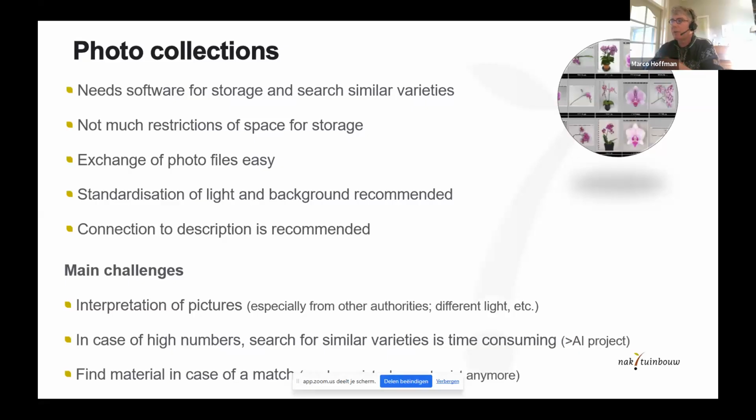Maybe it's good to mention that at the moment we have an AI project going on to help us with that, to save time, to be more efficient. At least that's the direction we go into to solve that problem.